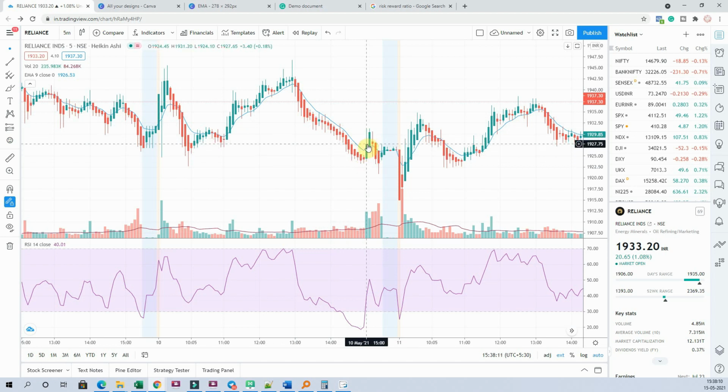Even if you had sold at 1941 and covered at 1927, you would have made around 15 rupees profit, which is more than 2000, but you would not be waiting till here. You would be cutting it the moment you get 2 to 3,000 rupees profit per lot.